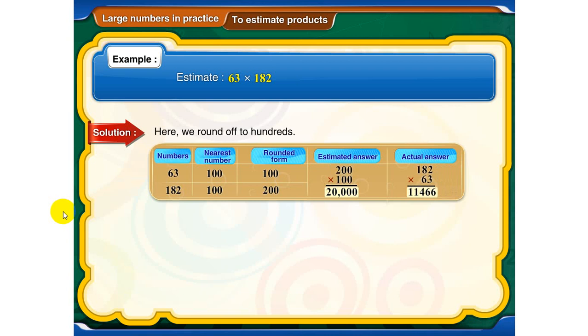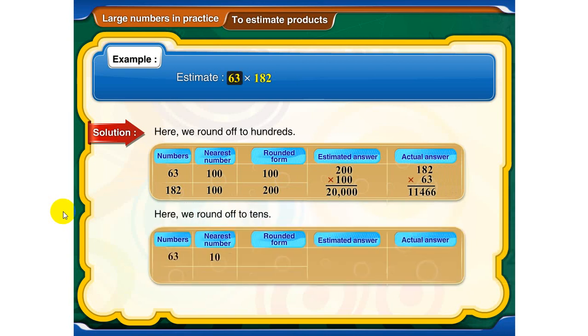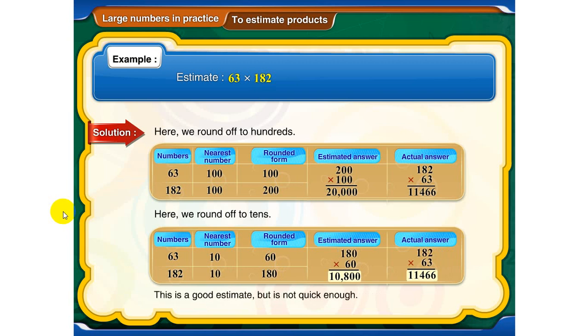To get a more reasonable estimate, we try rounding off 63 to the nearest 10, that is 60, and also 182 to the nearest 10, that is 180. Now we get 60 into 180, that is 10,800. This is a good estimate, but it is not quick enough.